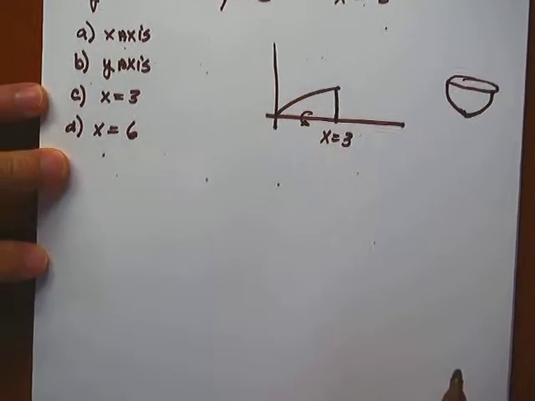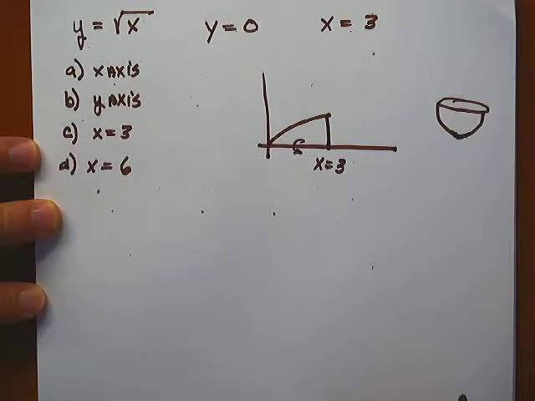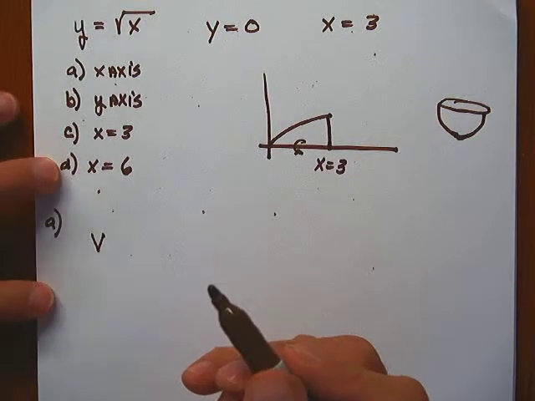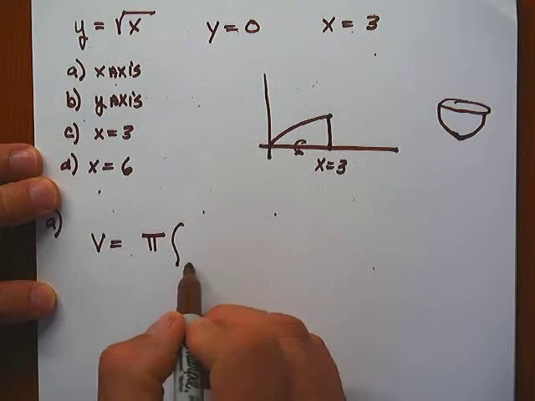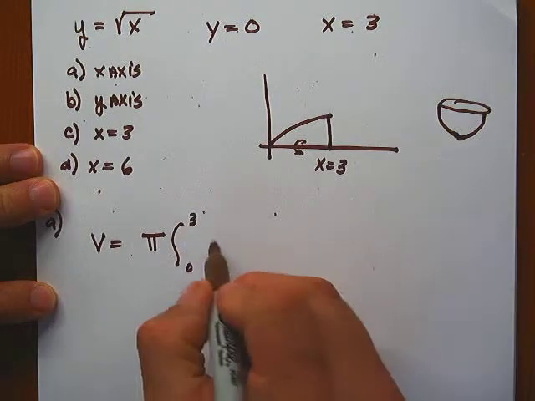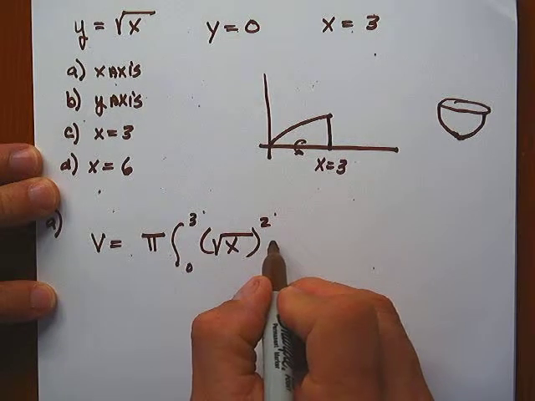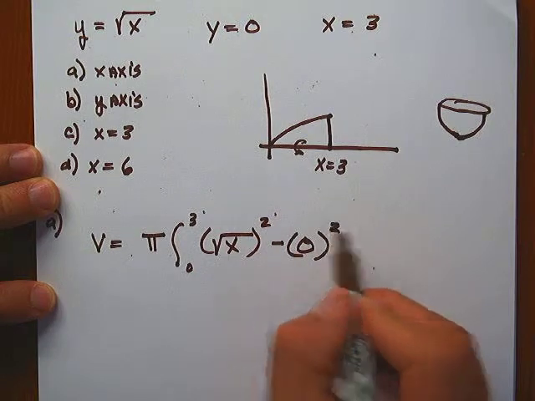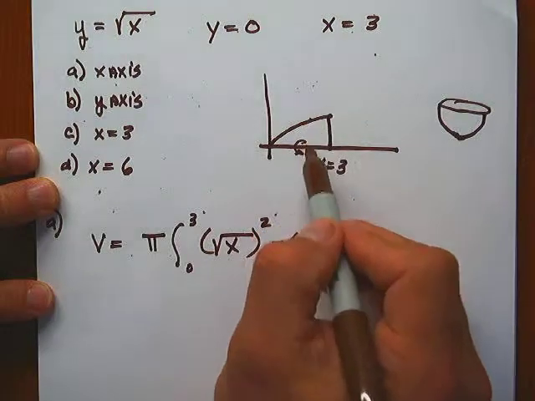And pretty simple on the x-axis, because we're just going to take the antiderivative of square root of x squared minus 0. So for A, around the x-axis, volume is equal to pi times the integral from 0 to 3 of the square root of x quantity squared minus 0 quantity squared dx.